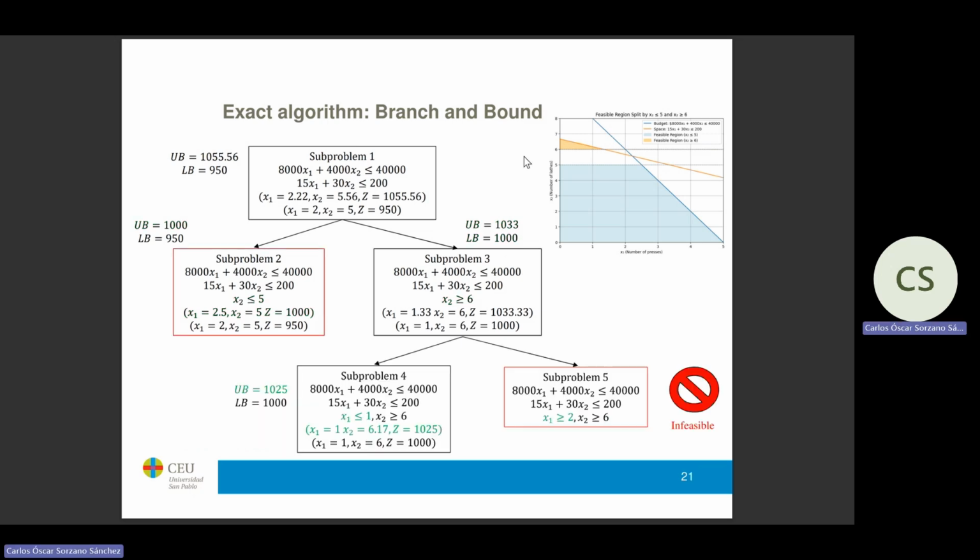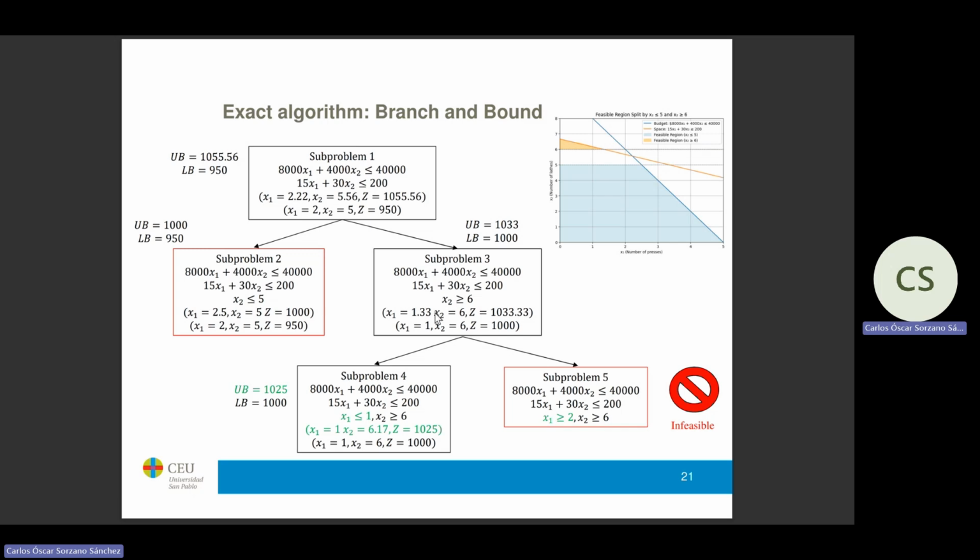Now again for this one, the solution was x2 equals 6. So now x2 is an integer, and the one that is not an integer is x1. The best solution was x1 equals 1.3.